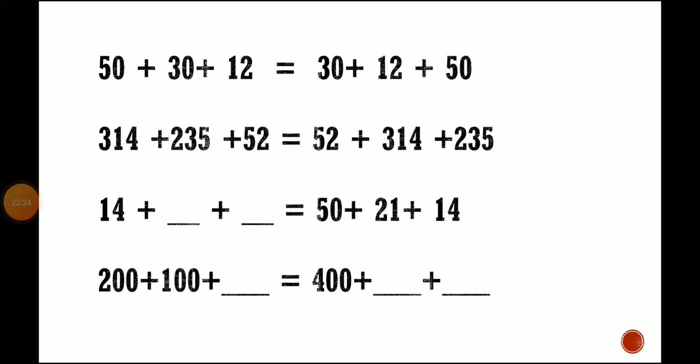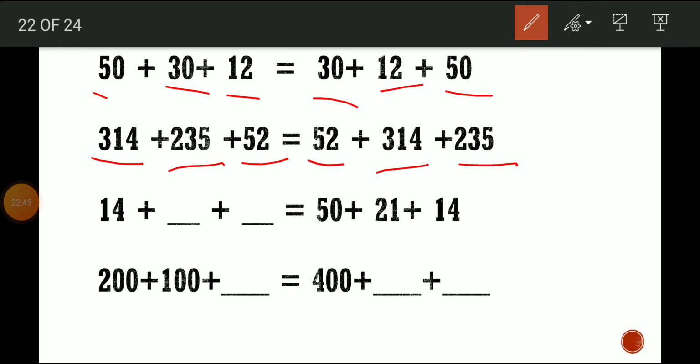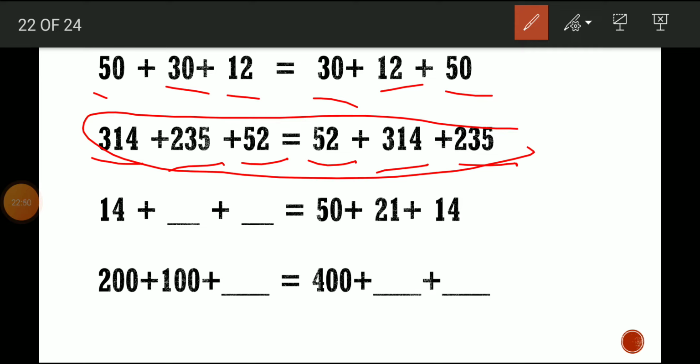The 50 comes here, the 30 will become here, and 12 also occurs here. If we add these three numbers we get the same answer. Here that is 314, here also 314, 235, 235, so 52 is 52, so both of them are equal. This is an activity for you.